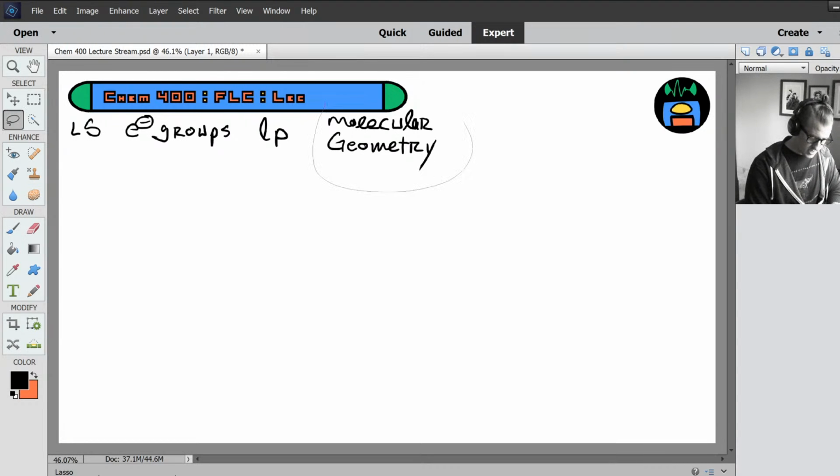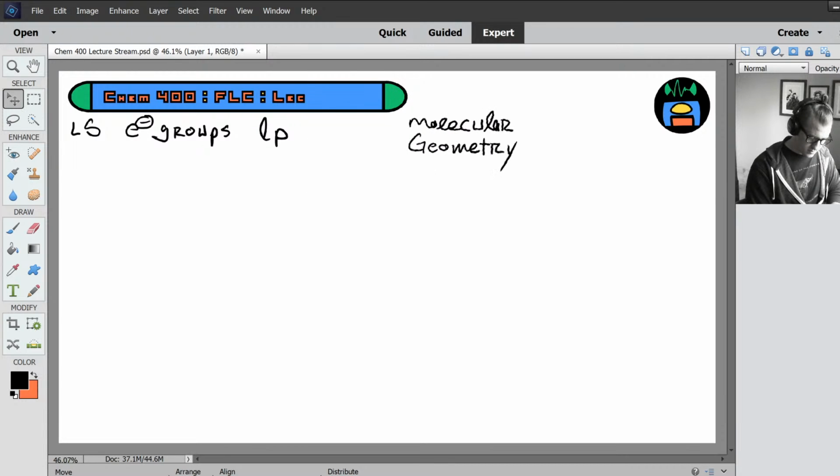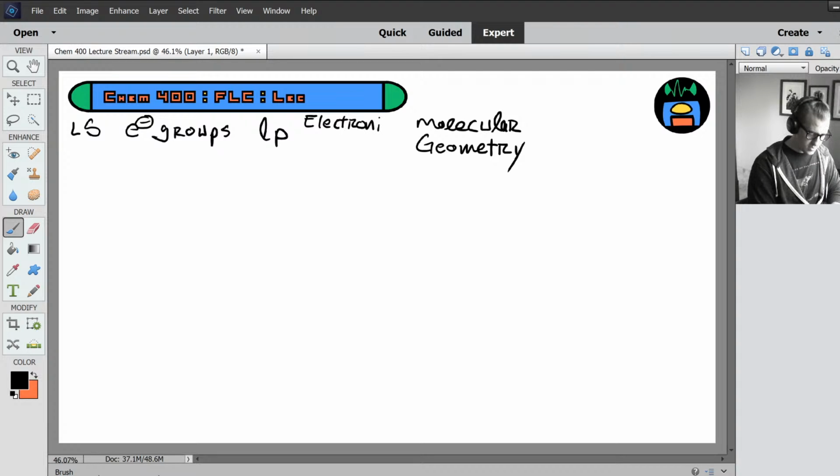So here, let me just slide this over. So we had the electronic geometry, which is the geometry made by all the electron groups.